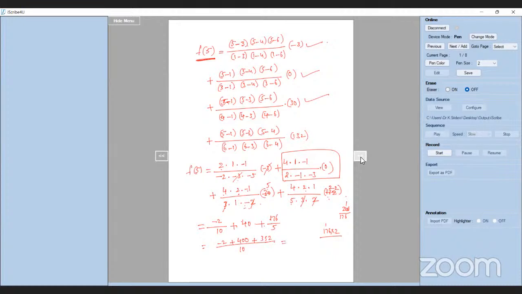So now tell me what is this value, ma? 400 plus 352, 752 minus 2, 750. Sorry, 750 by 10. This value is 75. F of 5 is 75. Is it right, ma?